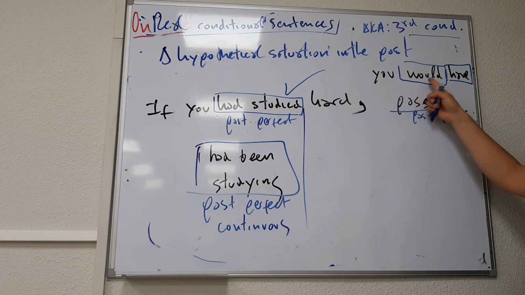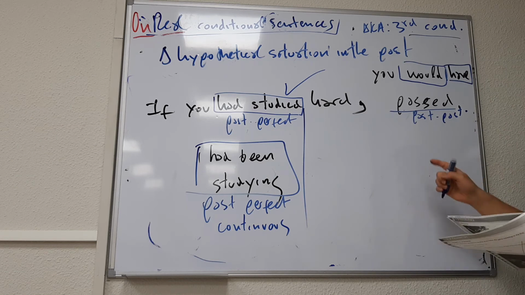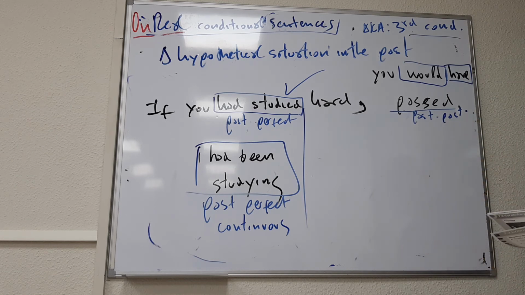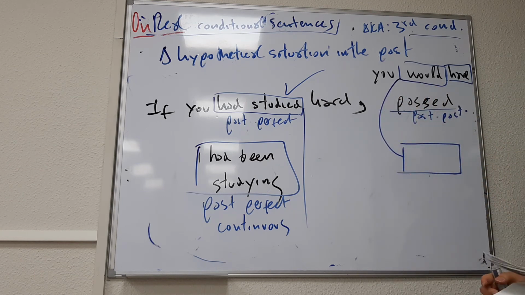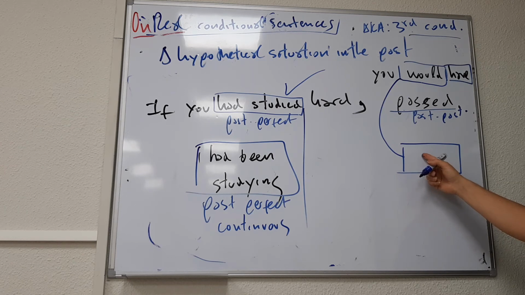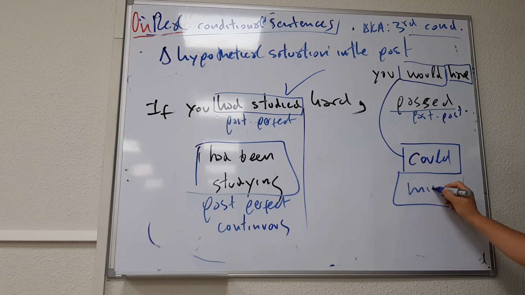And then would have passed, would plus have, past participle of the verb is good. Again, what are the typical substitutes for would that work? What are the ones that we set for the second conditional? Instead of would, we can also use could, and we can also use might.